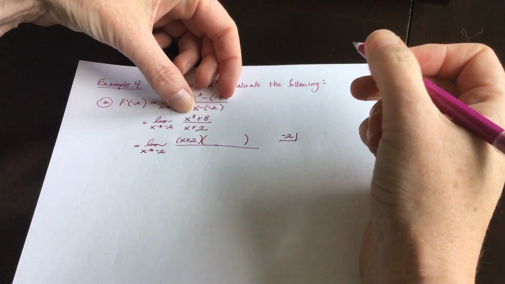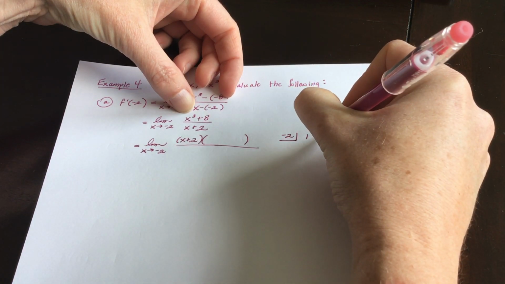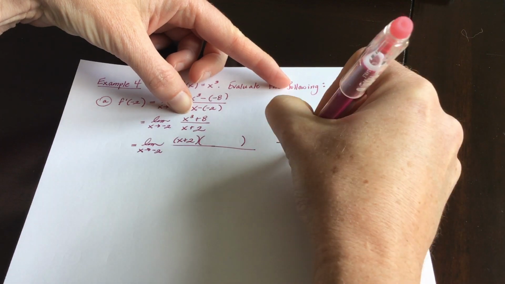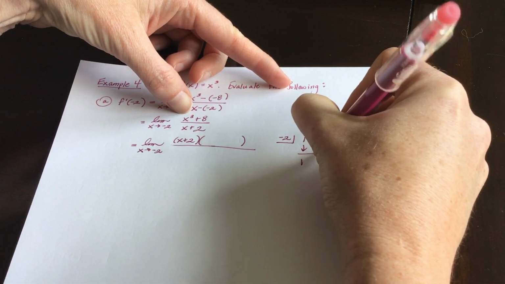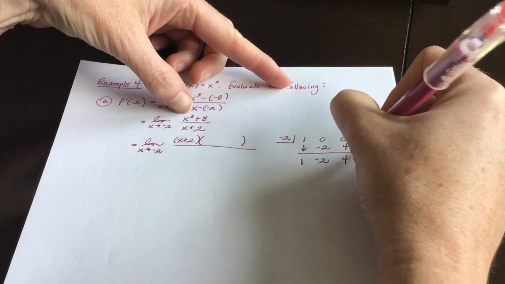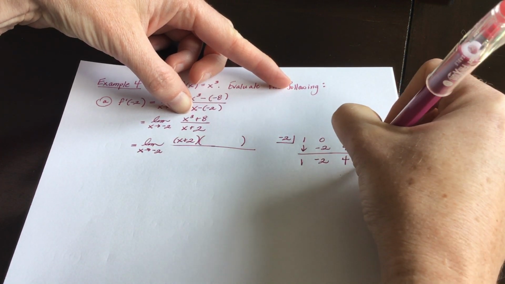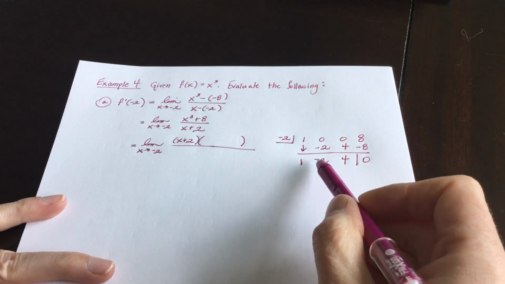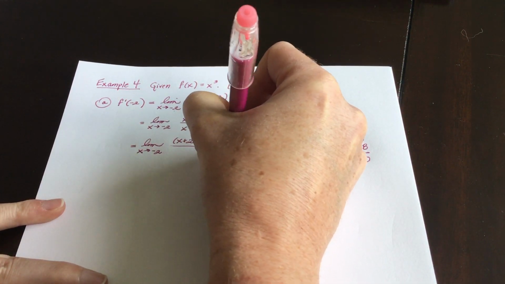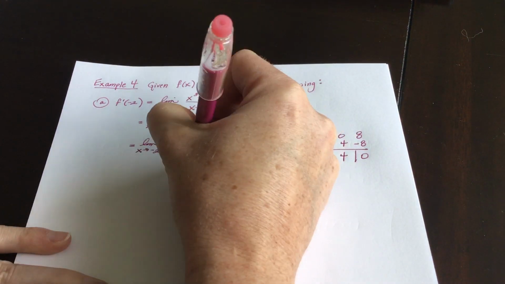Synthetic for x cubed plus 8 is 1 x cubed, 0 x squared, 0 x's, and 8 ones. Drop, multiply, add, multiply, add, multiply, add, and you get your remainder of 0. And interpret 1, -2, 4 as your other factor.